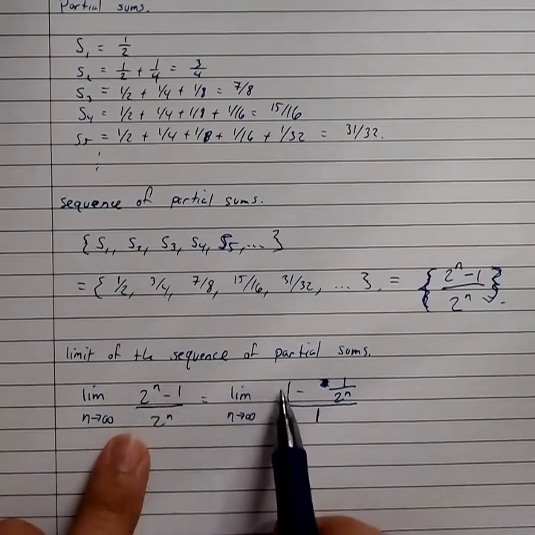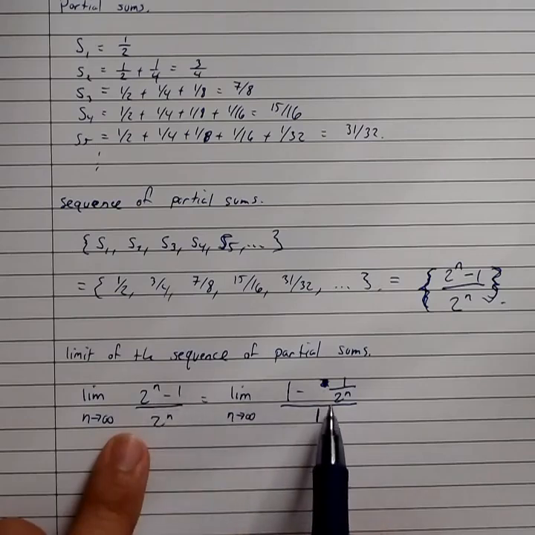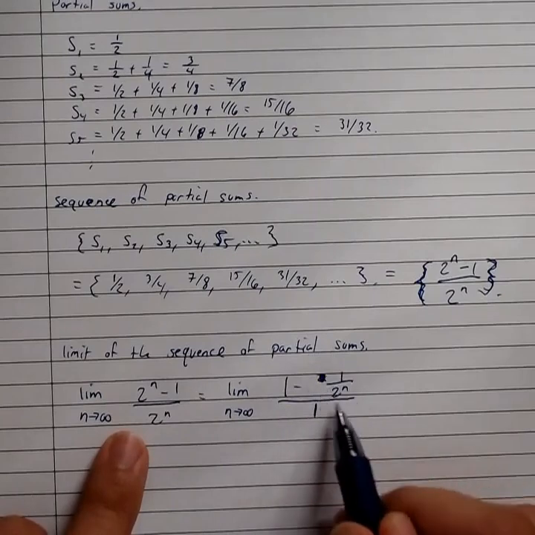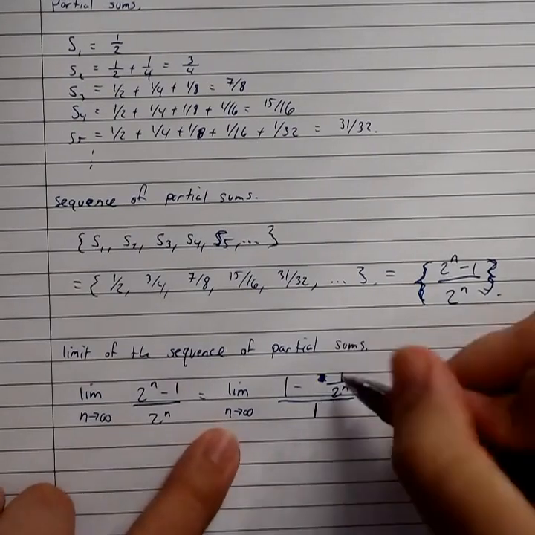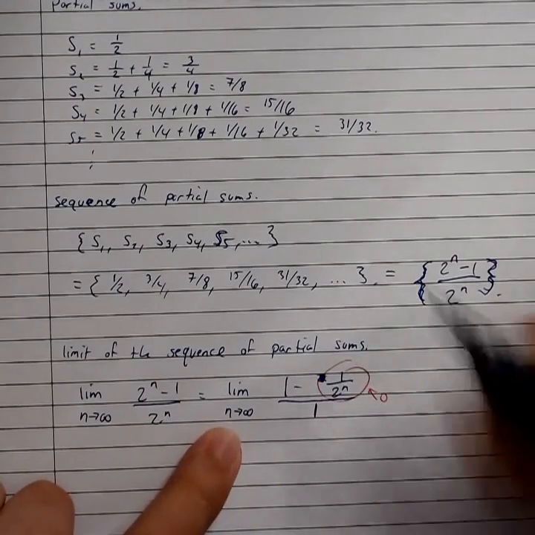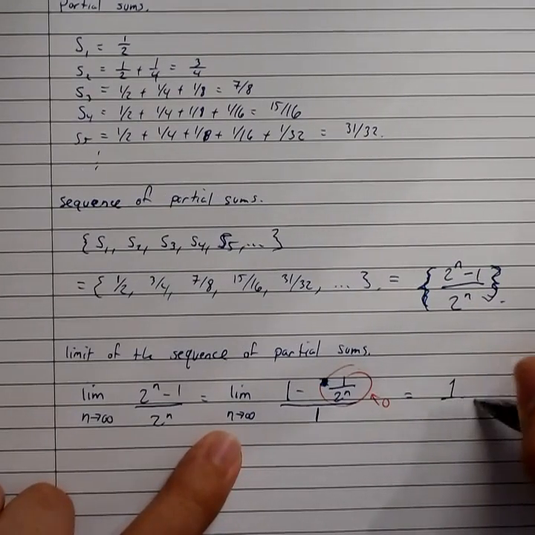That makes that 1, that makes that 1, and then minus 1 gets divided by 2 to the power n. But now as n approaches infinity, this goes to 0. So I'm left with just 1 over 1, which is the number 1.